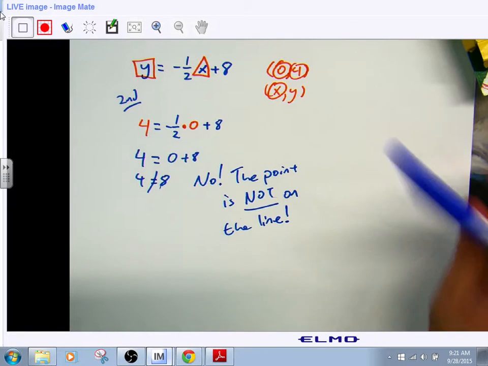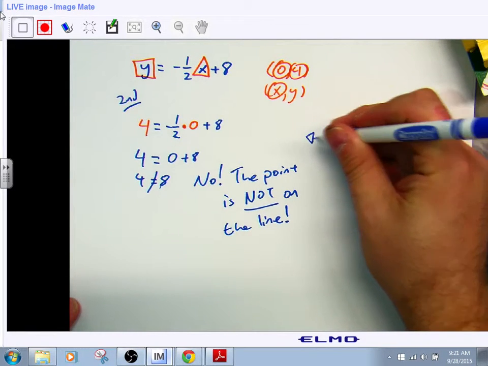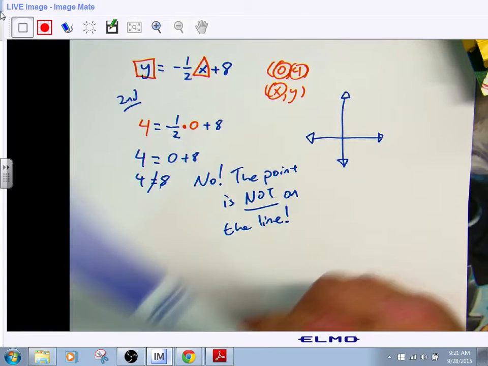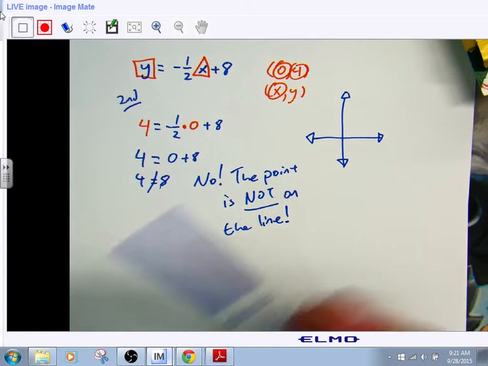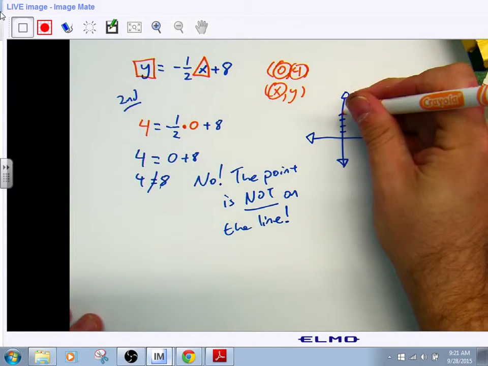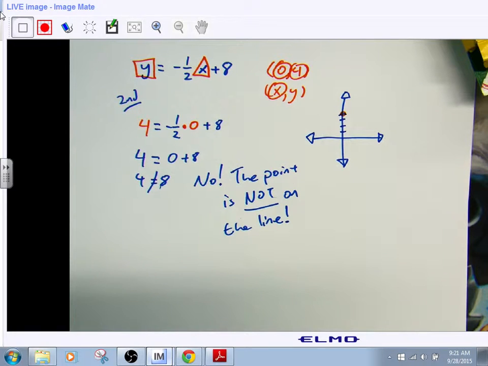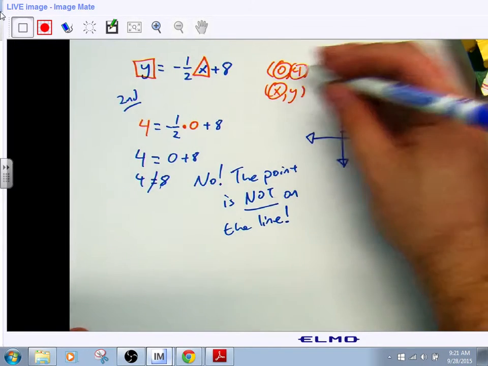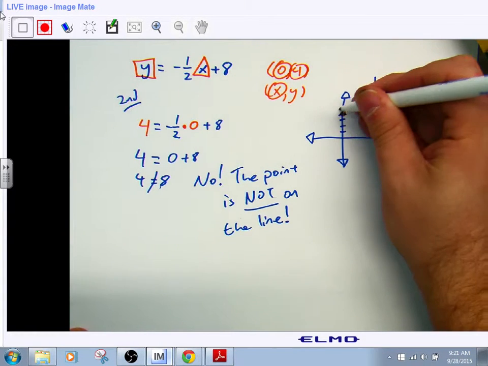But if I really wanted, I could check my work by graphing it. So I have the point 0, 4. 1, 2, 3, 4. 0, 4 lives right here. And what I'm going to do is graph my line here. So I have my b is 8. 5, 6, 7, 8.